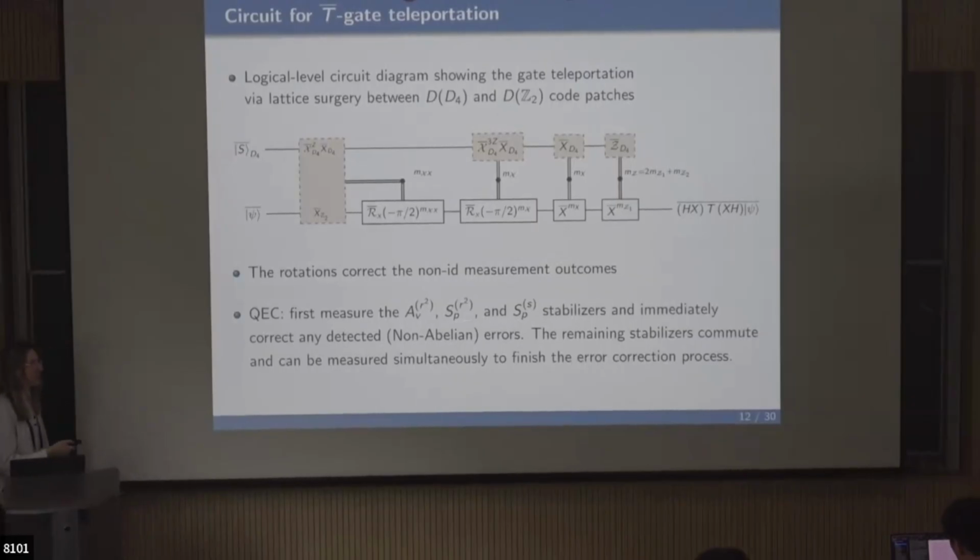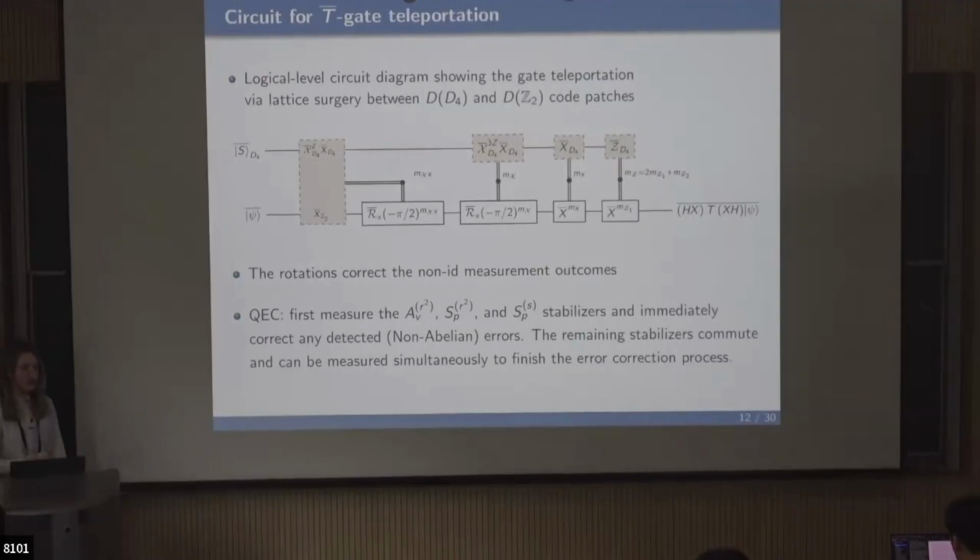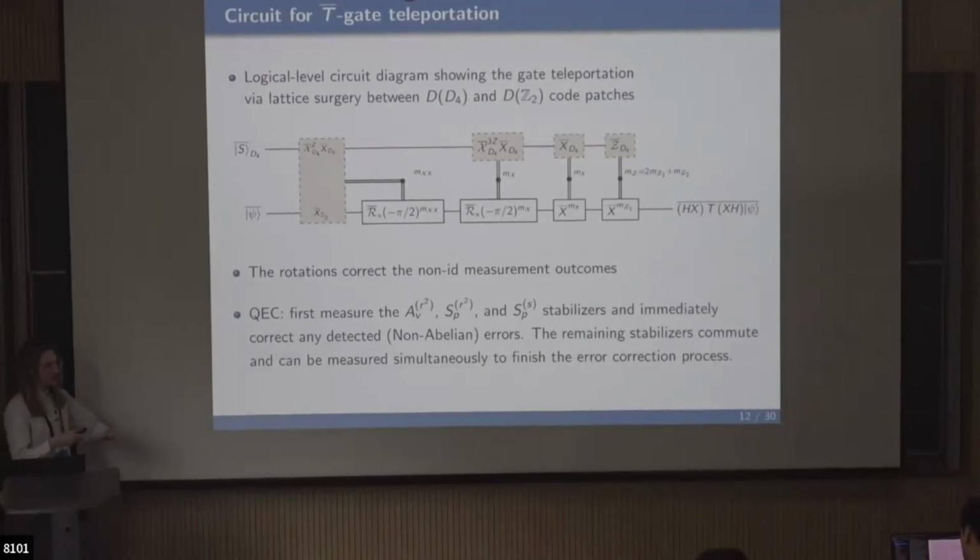So the key for the error correction will be to first basically correct the errors that are violations of these stabilizers, which correspond to non-abelian anyons. And this will project us to a code where now the remaining stabilizers do commute, which means that the errors are now just abelian anyons and can be corrected by standard means.